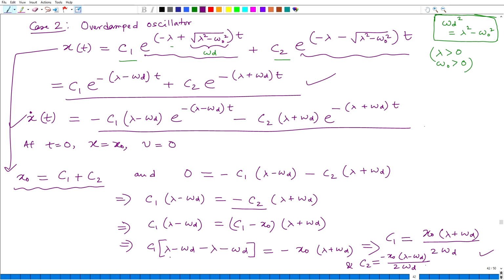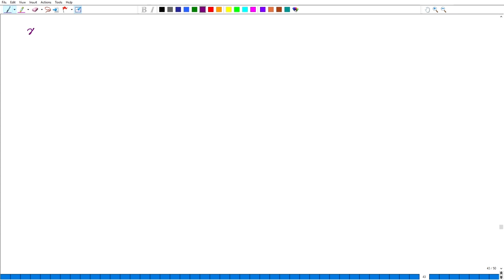So finally, you are all set to write the general solution, already knowing the arbitrary constants of integration in terms of the initial conditions. Then your x will be simply x0 by 2 omega d, (lambda plus omega d) times e to the minus (lambda minus omega d) t. Here you see that I have already put the value of the constant C1.